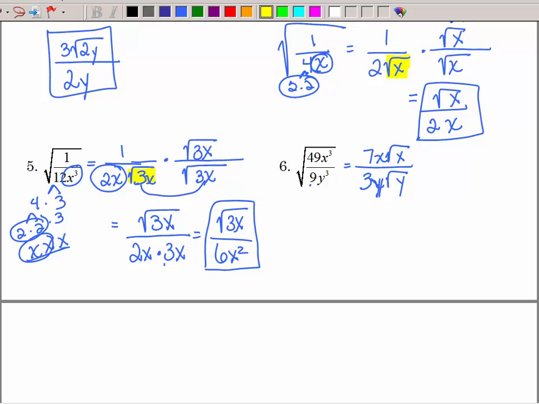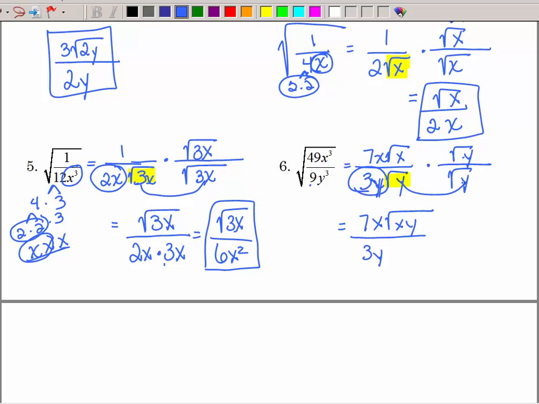Now we need to rationalize. And again, just looking at the part of the denominator that's inside a square root or a radical sign. What do you need to multiply by? Just a square root of y. So on top we have 7x times the square root of xy, all divided by this 3y.